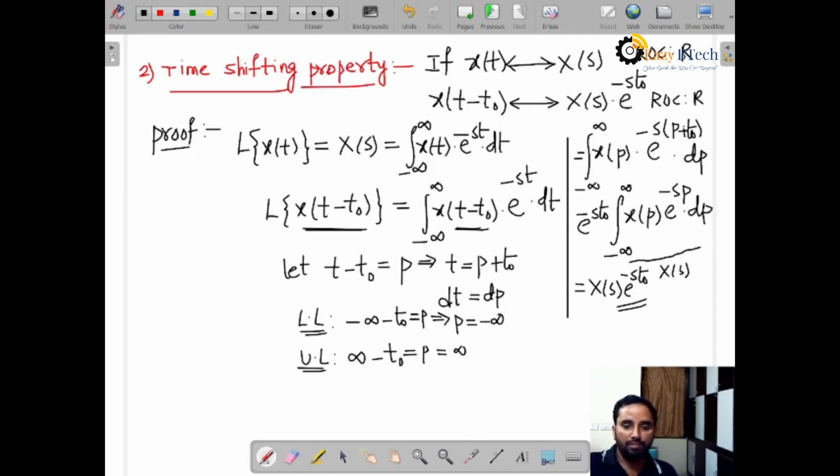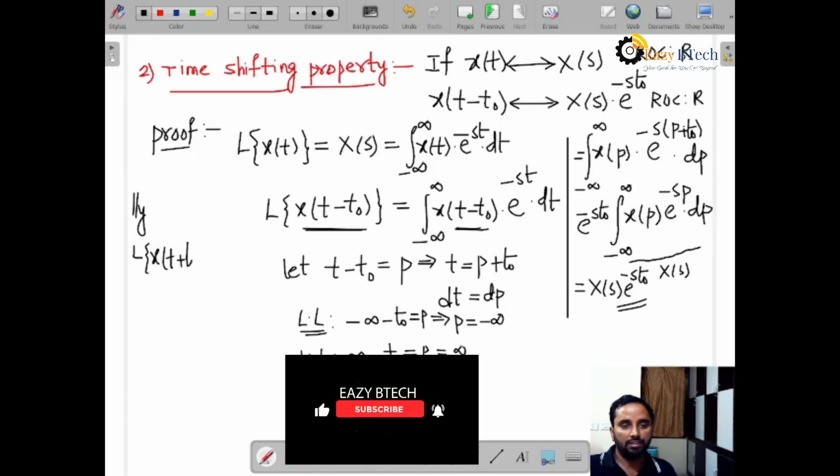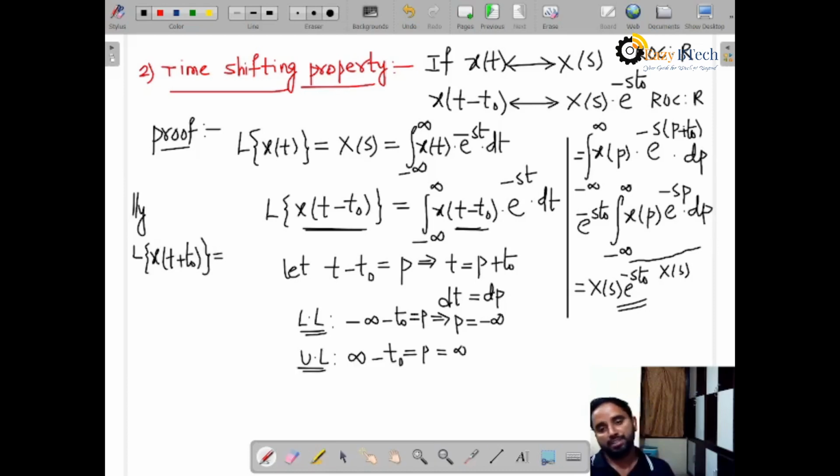And similarly we can write Laplace transform of x of t plus t naught. So what is the Laplace transform of x of t plus t naught? Here e power minus st naught becomes e power plus st naught into x of s. That's all. So this is the time shifting property.